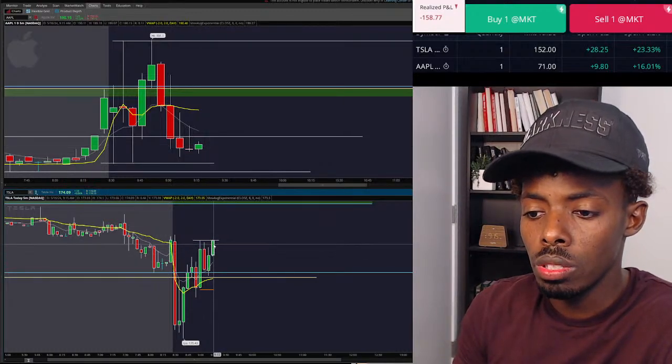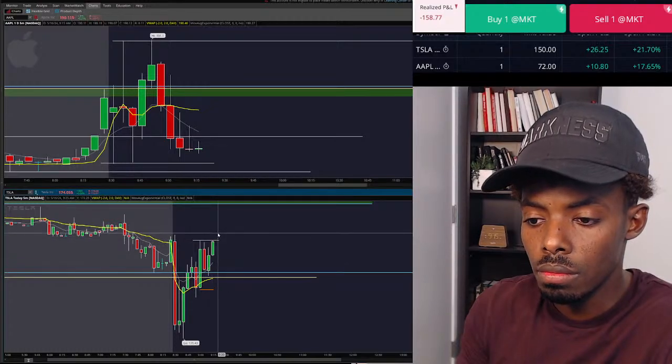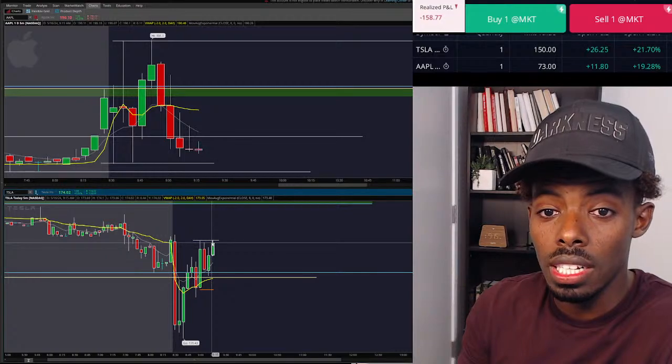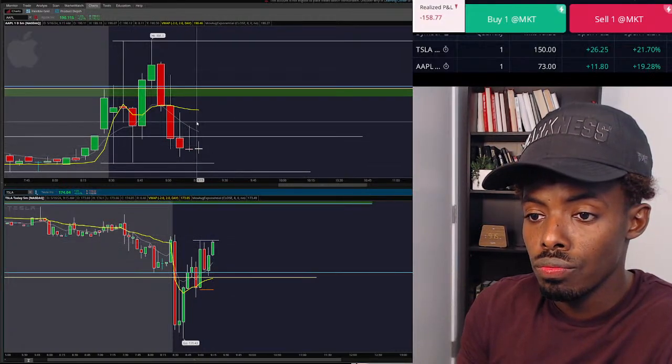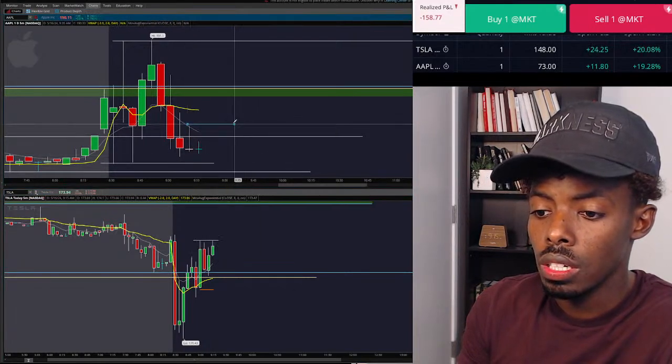But here we go. So Tesla's cracking now. It's cracking to go above here. It's cracking to 20%. Should we recognize this? 21%, never mind. Our stop loss with Apple, of course, is right here now.